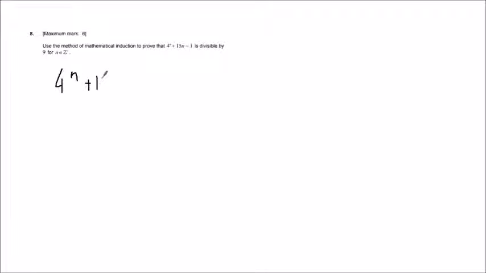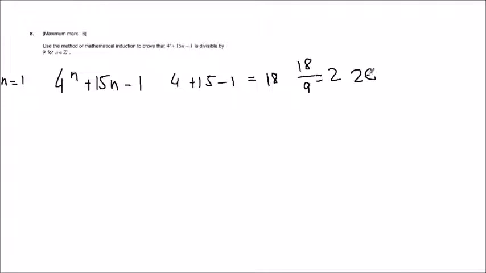For n equals 1, that means 4 plus 15 minus 1 is divisible by 9, which is equal to 18. 18 divided by 9 is 2, and 2 belongs to the set of positive integers, so that is correct.